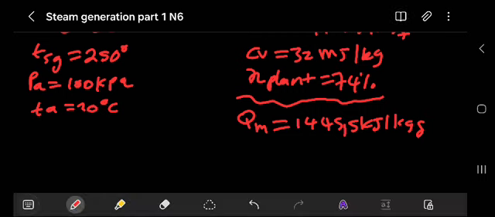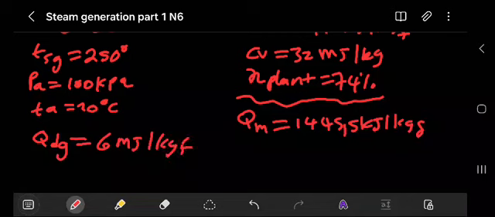All right. We've been given also the heat lost by dry gases. GDG, dry gases, is 6 megajoules per kg of fuel. Then we have specific heat capacity of water, given there to be 4.2 kilojoules per kg per Kelvin.